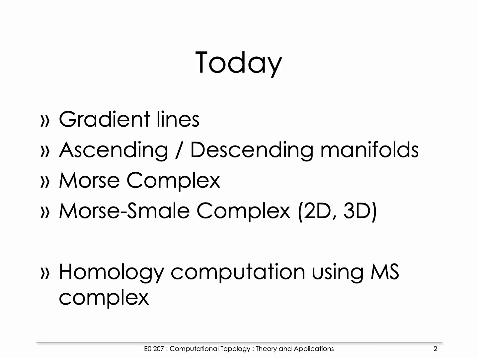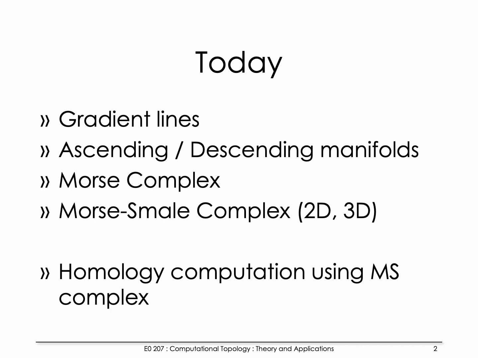In this first lecture on Morse-Smale complex, I'm going to talk primarily about the definitions and some properties. So I will introduce what are called gradient or integral lines. These integral lines are collected together to form what are called ascending and descending manifolds.